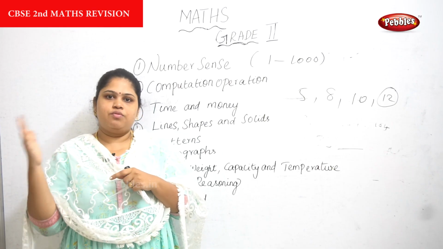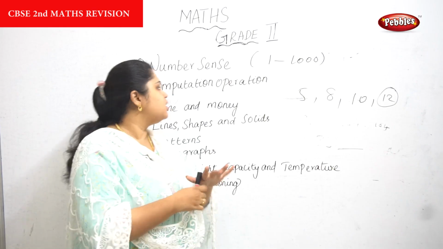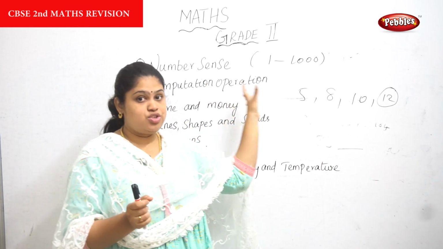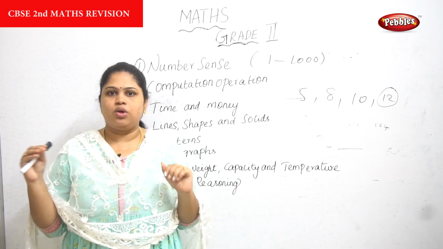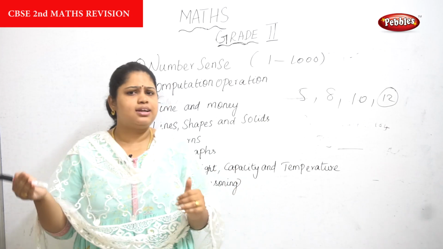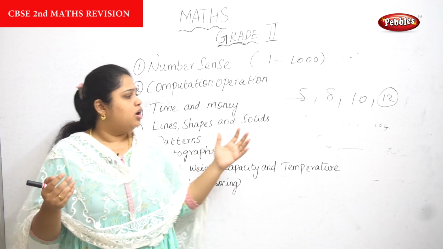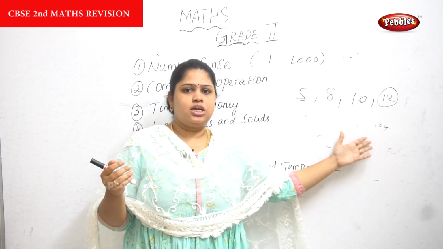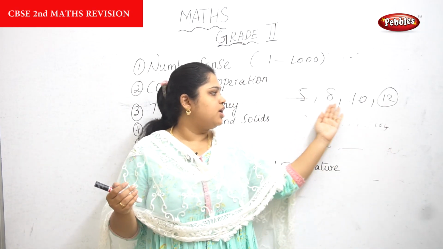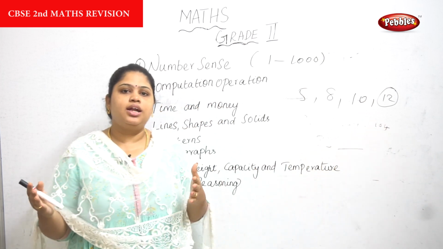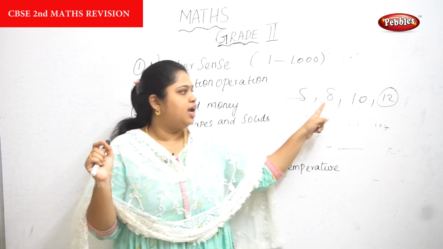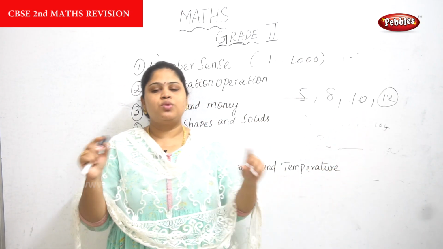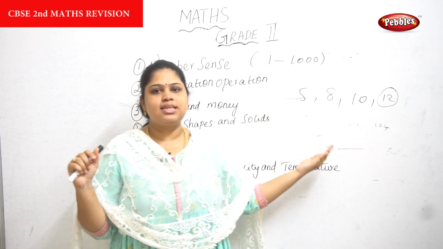So 1 to 1000 we are thorough with the numbers, but computation operation allows us to work inside the numbers, in different categories. For example, to find the greatest of these numbers, 5, 8, 10 and 12, we compare one number with another: 5 with 8, 8 with 10 and 10 with 12. So comparing numbers, 12 is the greatest.